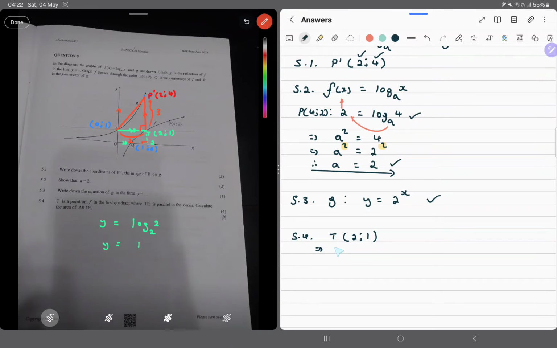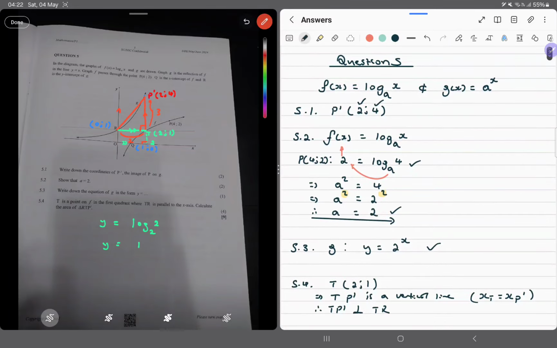And then we can say this implies that TP prime is a vertical line, because we know that x at T is equal to x at P prime. And for that to be a vertical line, it also means therefore that TP prime is perpendicular to TR. All right, that's not a problem.